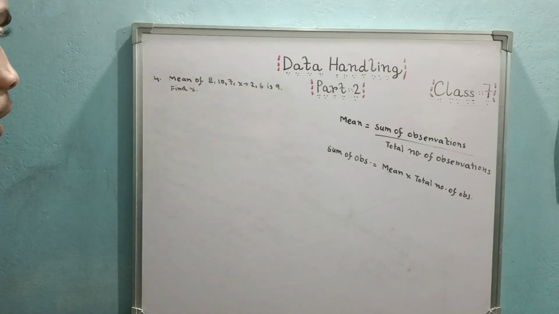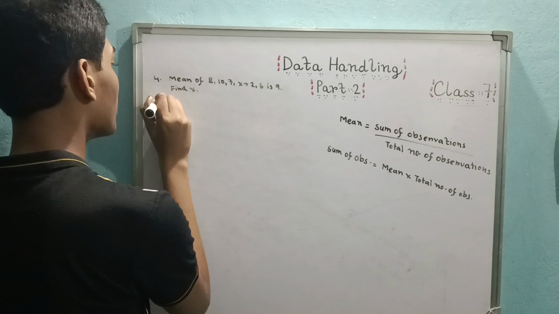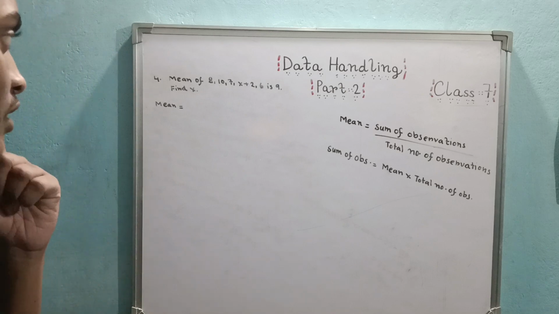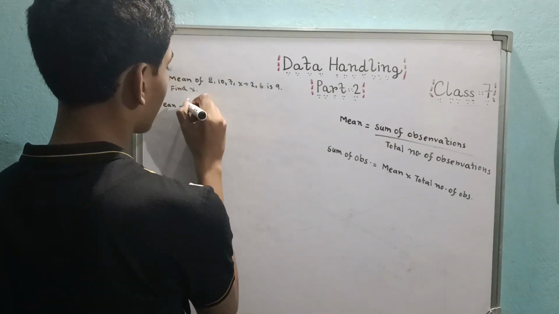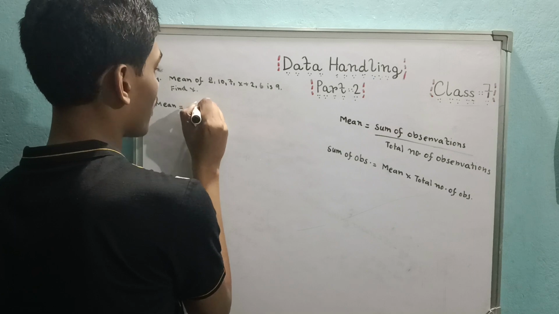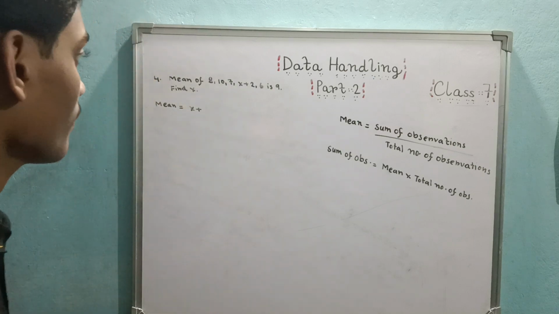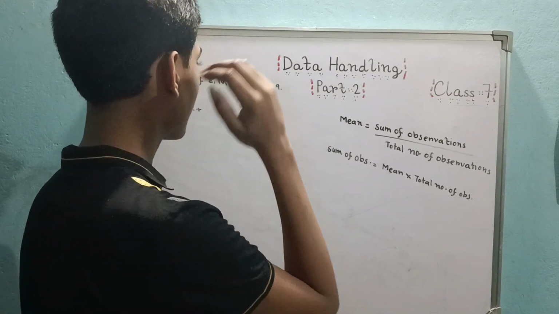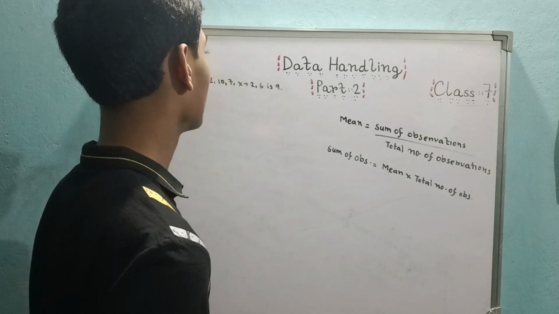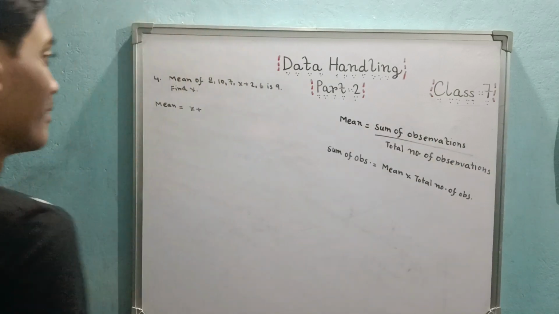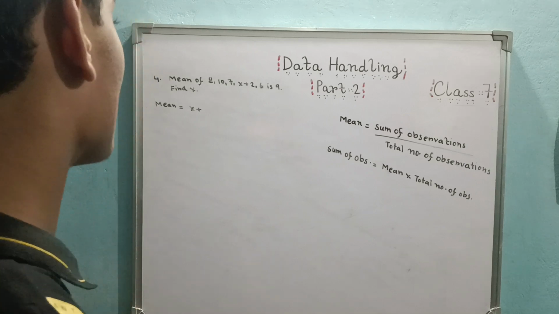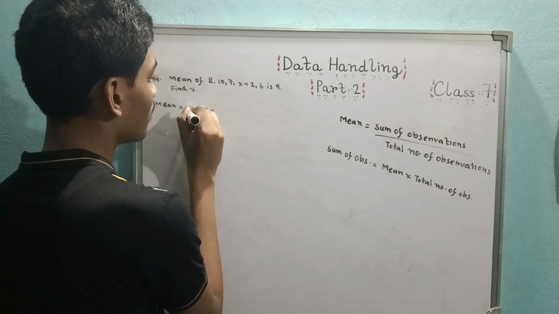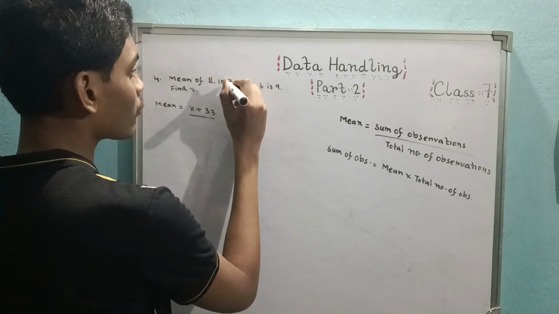So what do you know? Mean is the sum of observations divided by the total number of observations. So the sum: x plus 2 plus... now add the numbers, 8, 10, 18, plus 7, 25, plus 2 is 27, plus 6, 33, so x plus 33, divided by the total number of observations, 1, 2, 3, 4, 5.